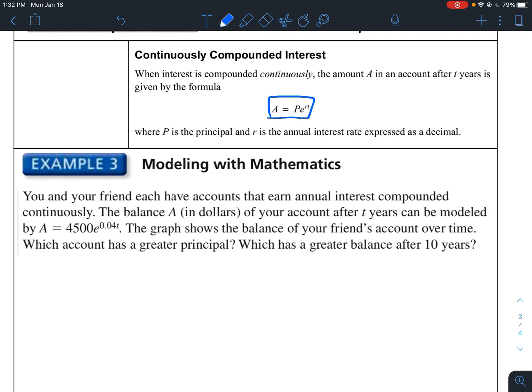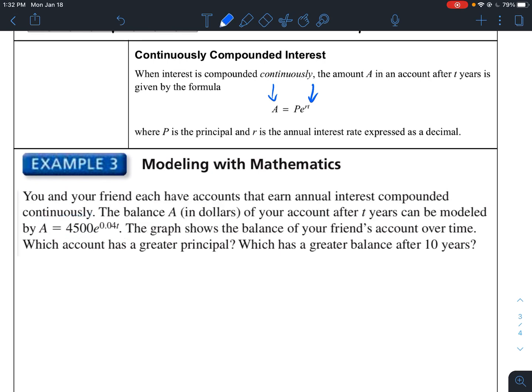Okay, and I like to look at this formula as A is equal to PERT. So it's P times E raised to the RT. So the balance, A, in dollars, of your account after T years, so A is the amount, T is years, can be modeled by this equation right here.